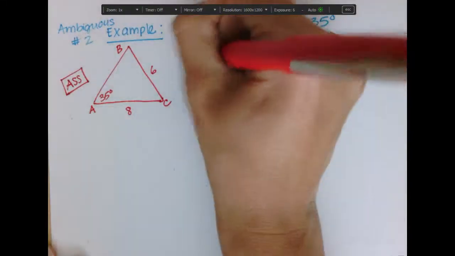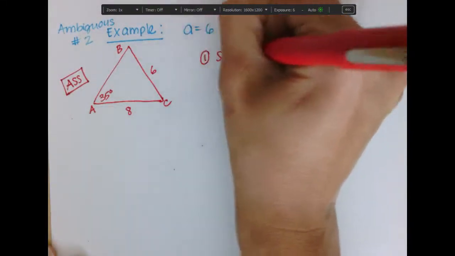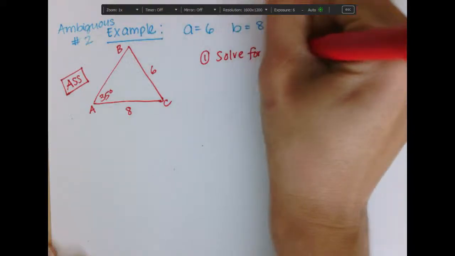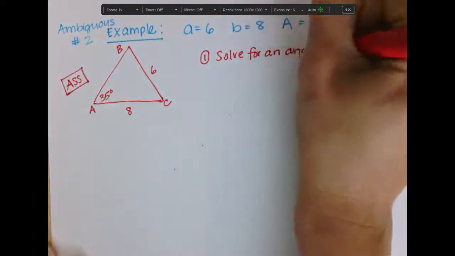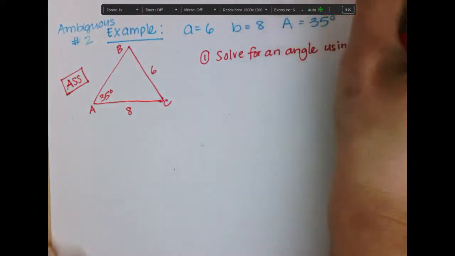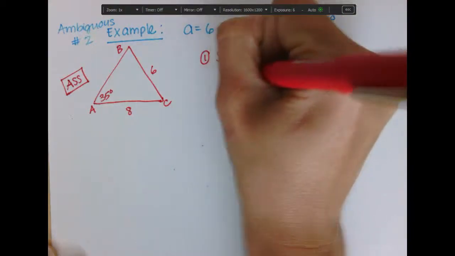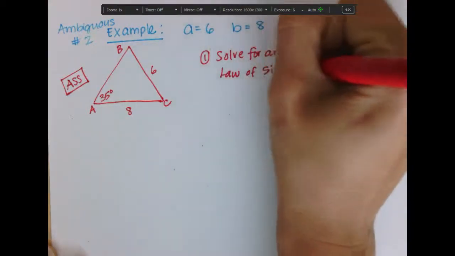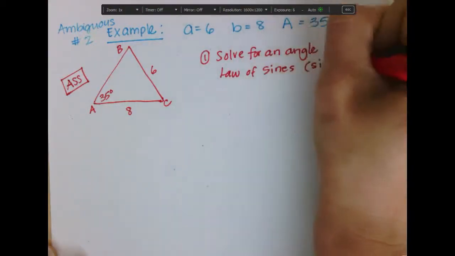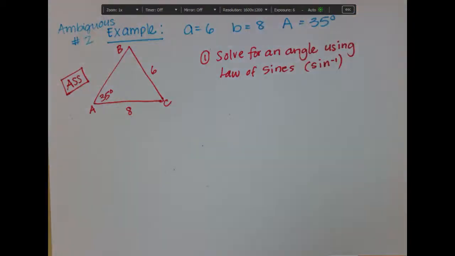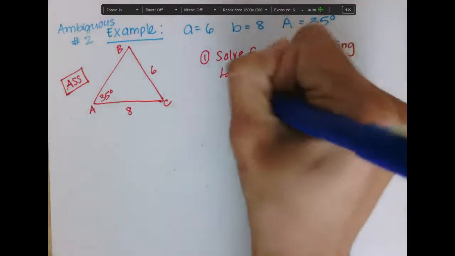Alright, so our first step is going to be to solve for an angle using our law of sines. And since we're solving for an angle, it's going to need an inverse sine when we solve. So let's set up our law of sines equation.